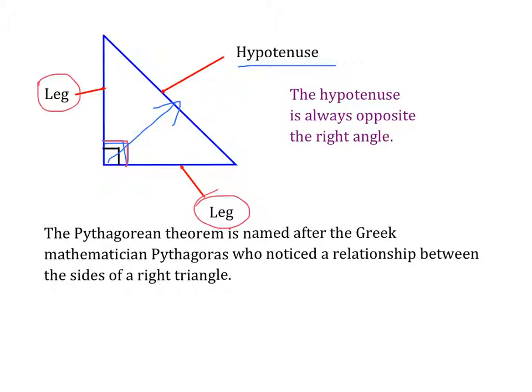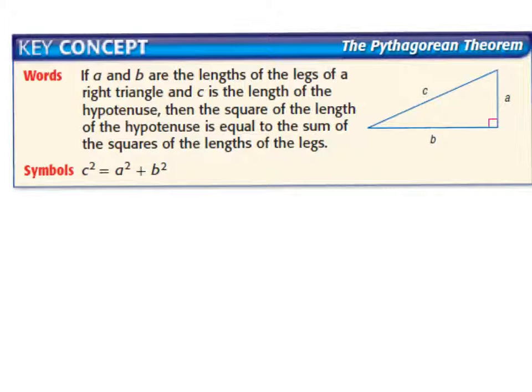And for those who really want to understand or know about the Pythagorean theorem, it was named after a Greek mathematician, Pythagoras. And he just noticed the relationship between the sides of a right triangle. So, what does this say?